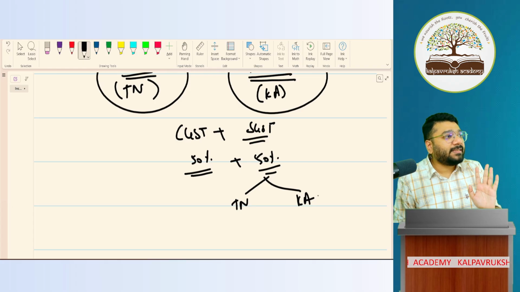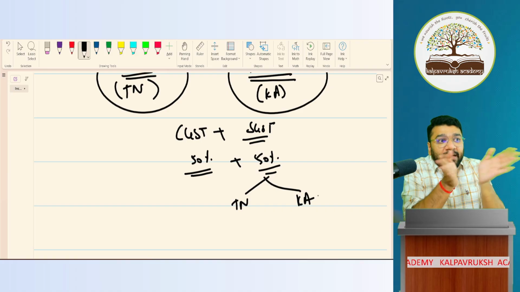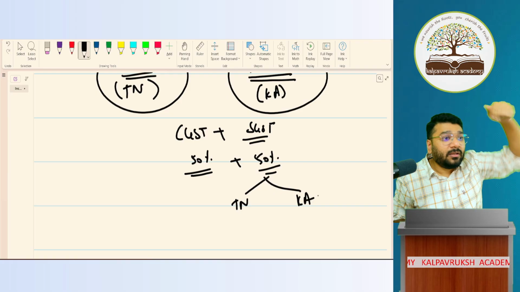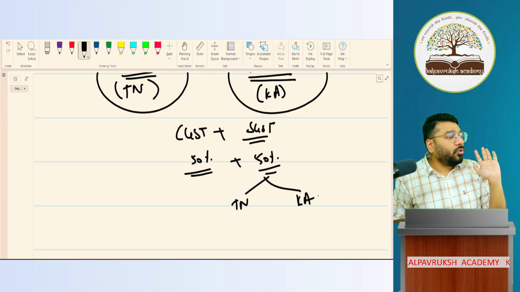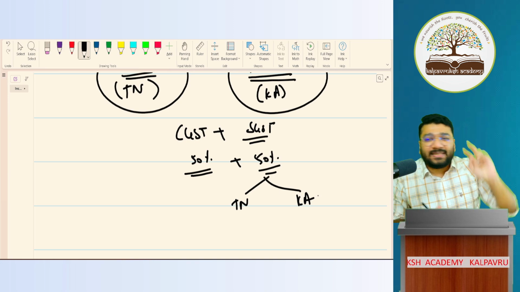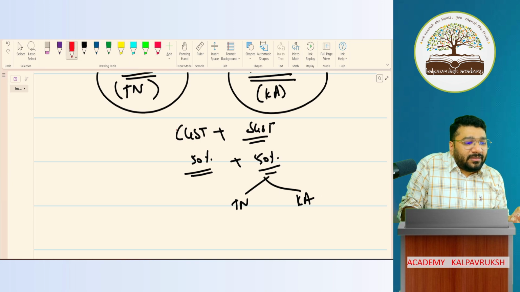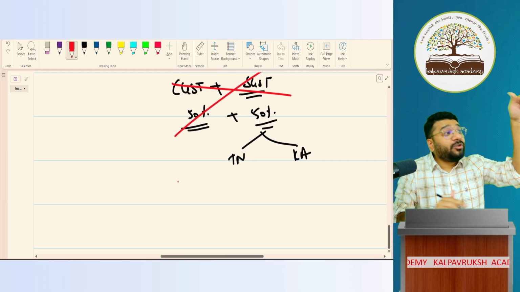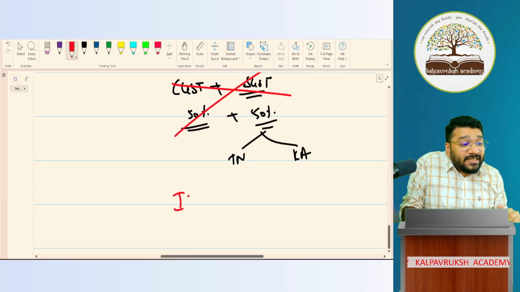So the government also realized that we cannot put the burden of splitting the taxes between states and UTs on the public. So the central government said, don't do anything. In the case of interstate supply, you forget this. I'll give you one new GST called IGST. This will go to the central government.